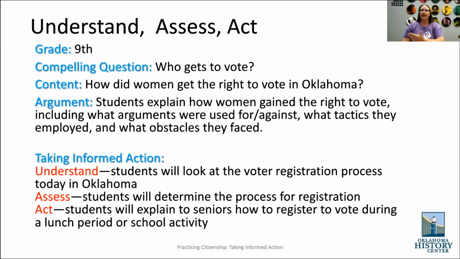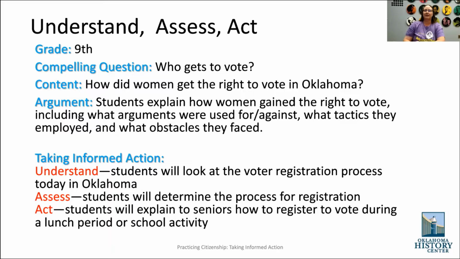And they're being asked in this particular inquiry to include what arguments were used for and against. So kind of like the ideological underpinnings for the arguments, what tactics the suffragettes employed, and what obstacles they faced. So really placing that in the historical period in which it took place, understanding the way people were thinking in the early 1900s.